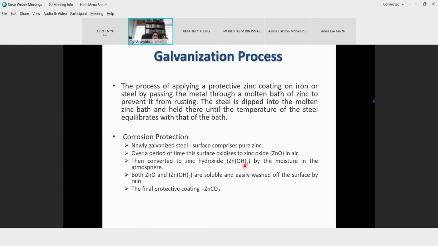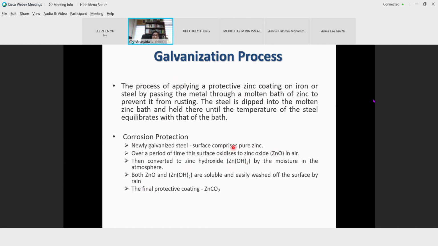But these two products are actually soluble, dia bukan insoluble. If insoluble, they cannot wash away. Kalau soluble, they can wash away, kalau masa hujan dia senang di dissolve. Dia soluble terus. So dia tak protect lah, dia tinggal lah zinc tadi yang dalam keadaan certain part dah kena remove. Maksudnya dah kena react.